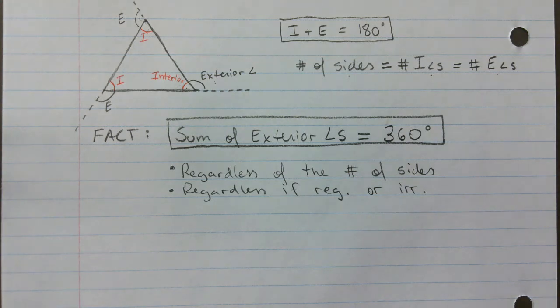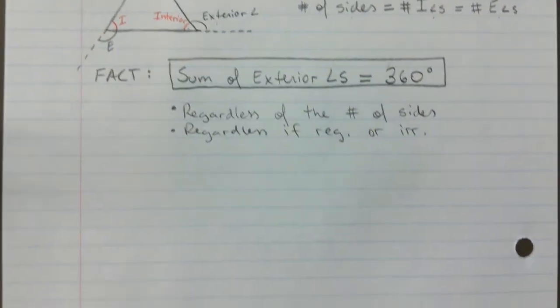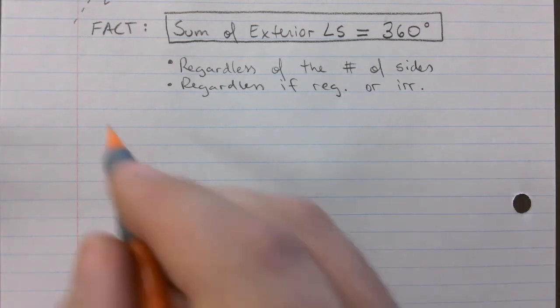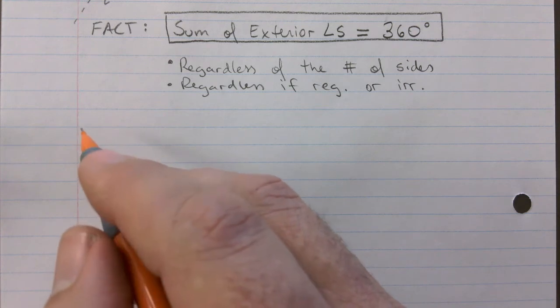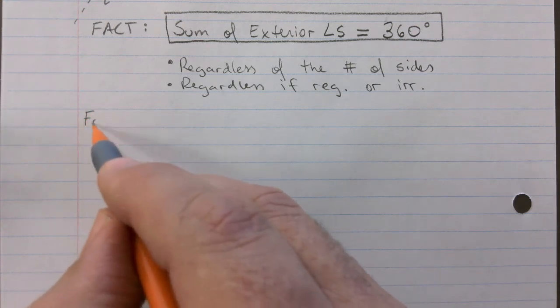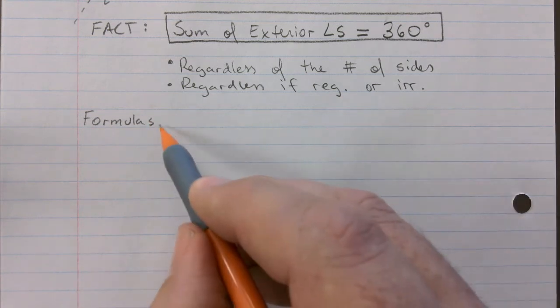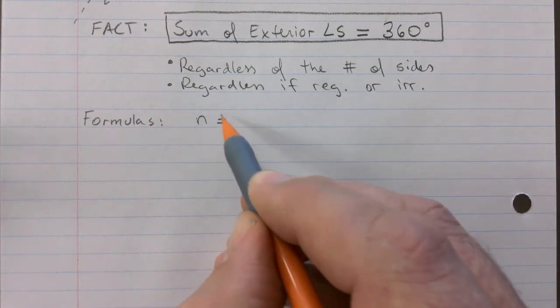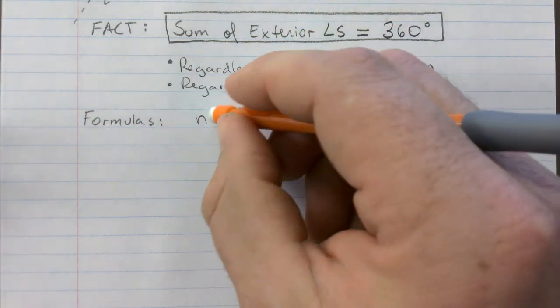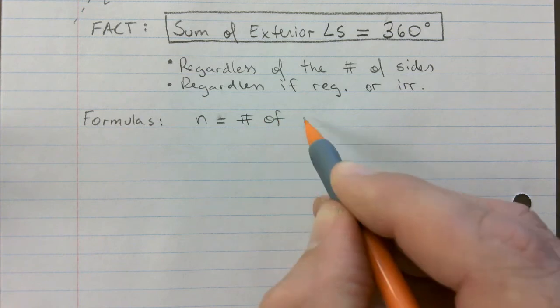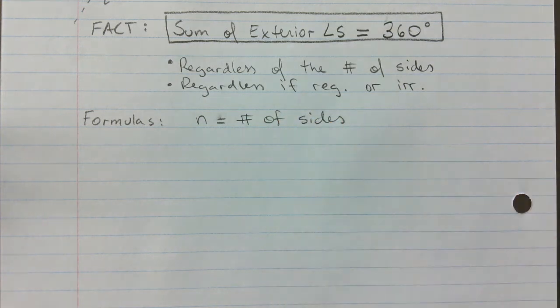All right, let's talk about formulas. N represents the number of sides. Just remember that.